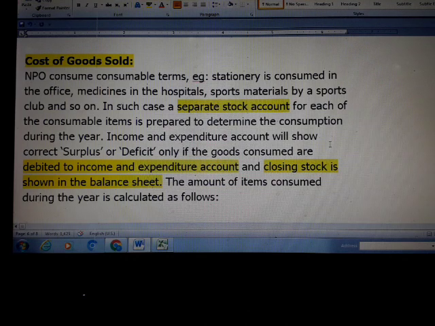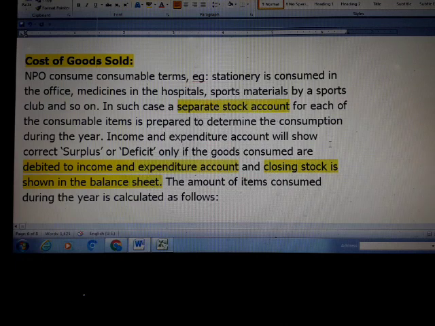It's a consumable item. Without the payment of cash, you can't purchase any stationery. So you are paying cash for it, and you want to know how much you utilized it. So that calculation we have to find out. The next one, medicines. In hospitals, medicines are being used to cure the illness of the patients. So medicines will not be supplied to the hospitals free of cost.